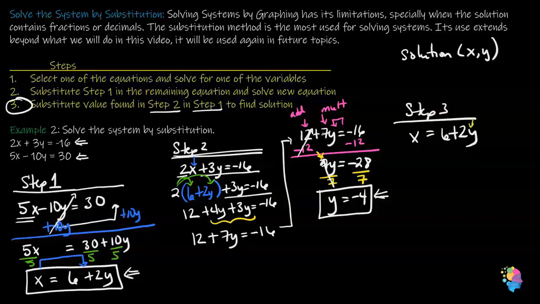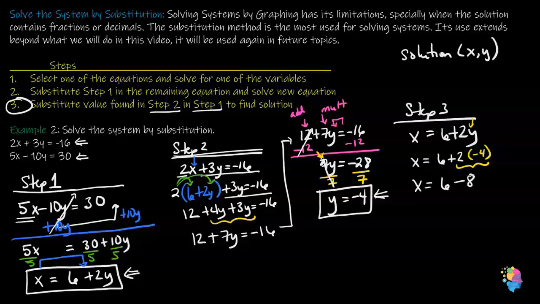So the y gets replaced by substitute by negative 4. Bring down the rest. X is equal to 6 plus 2 times negative 4. So let's multiply. So if I multiply, this will be x equals 6, and 2 times 4 will be 8, but because I have different signs, that's negative 8 or minus 8.